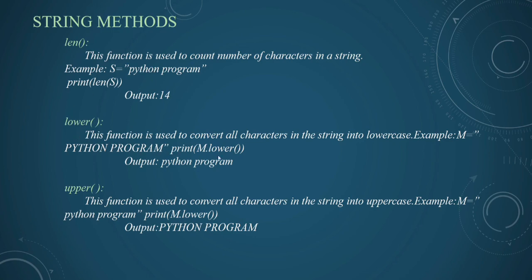Lower. This function is used to convert all characters in the string into lowercase. Example: m Python program, print m lower, output python program. Uppercase method. This function is used to convert all characters in a string into uppercase. Example: m Python program, print m upper. The output will be Python program in uppercase.